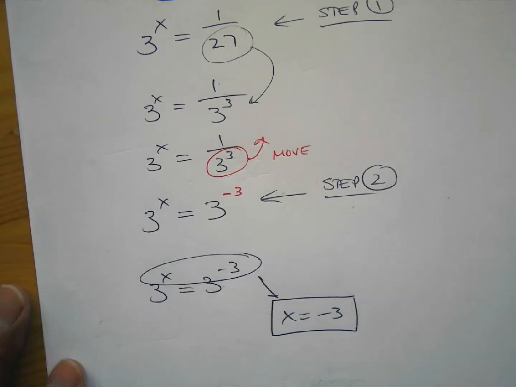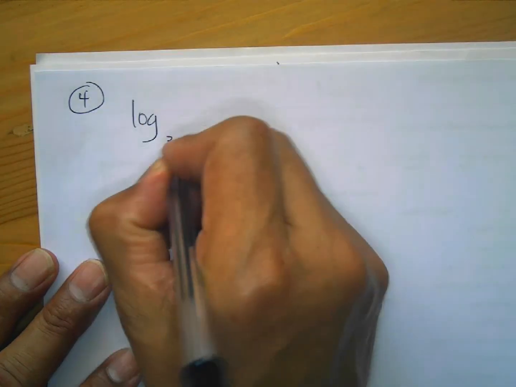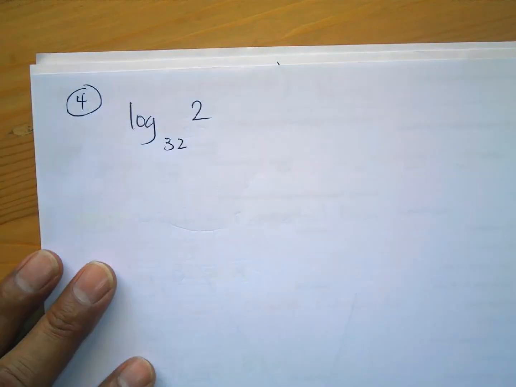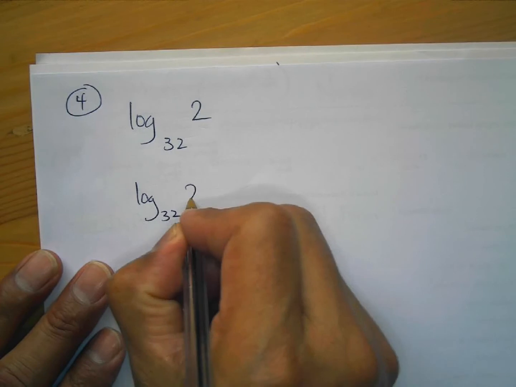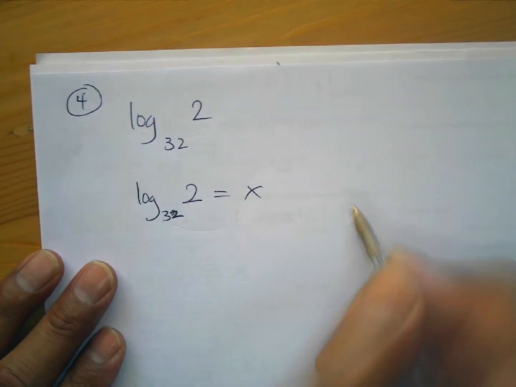Okay, that's 3. Let's go to 4. Log base 32 of 2 equals x, right?